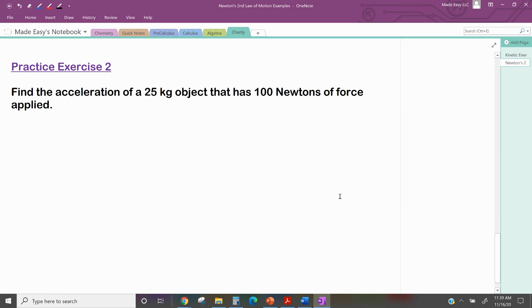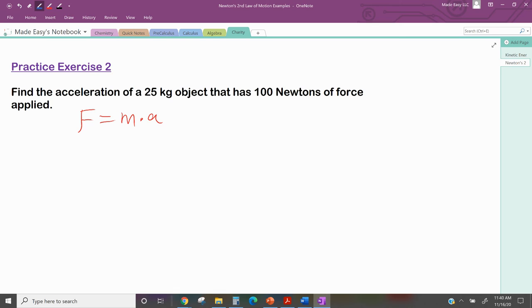Practice exercise number 2. Find the acceleration of a 25 kilogram object that has 100 newtons of force applied. So this time we're finding acceleration. So force equals mass times acceleration. Remember, you should have the algebraic skills to be able to do this.